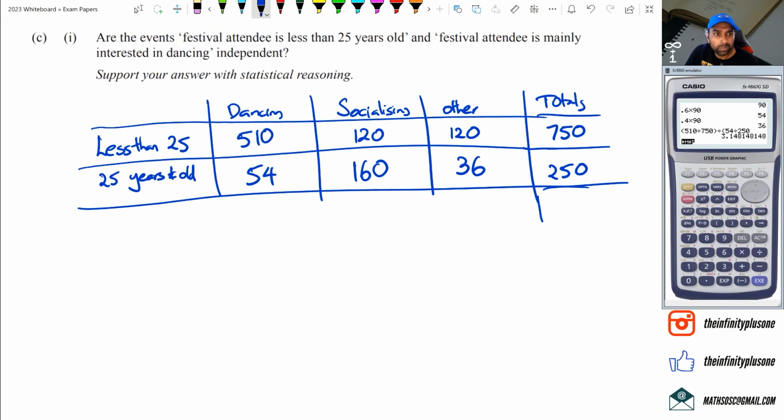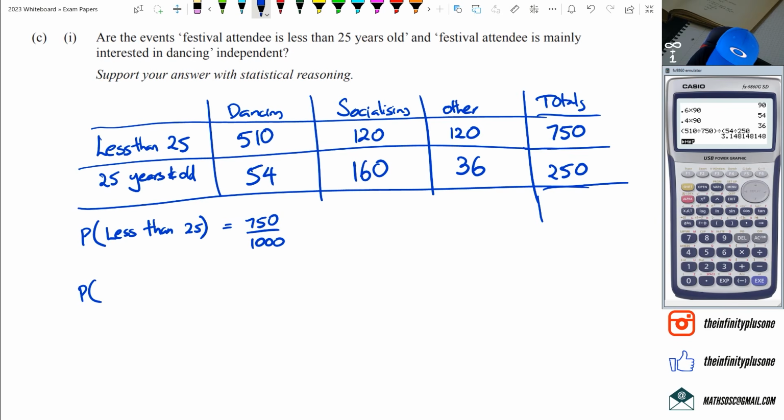Question C, part 1. What we're looking at is whether the events of festival attendees being less than 25 years old and mainly interested in dancing are independent. So we're going to work out the probability of less than 25 first. Probability of less than 25 is 750 out of 1,000.